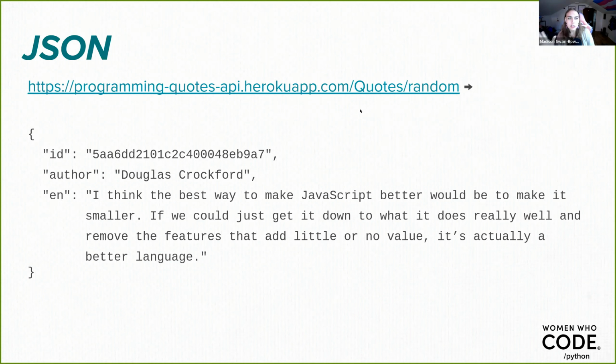And you can see this looks a lot like a Python dictionary. We have keys that are strings, and values that in this case are strings, and it defines some structure of data. Here we have an ID for whatever record this is, an author, and then the English text description for this particular entry.